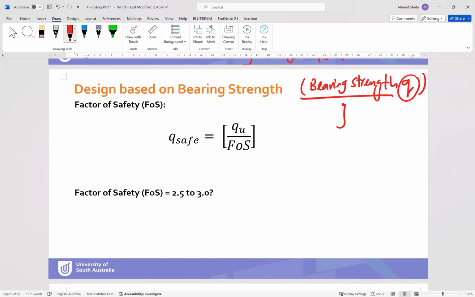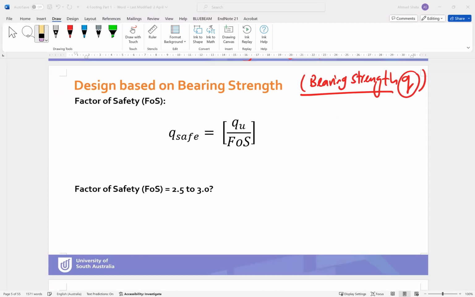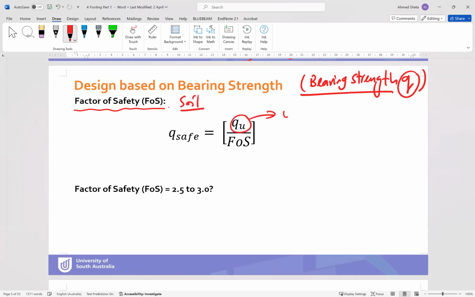And for the bearing strength Q, we need to know how much is the factor of safety we use for soil. So Q safe is equal to Q ultimate, the ultimate bearing capacity, over the factor of safety.